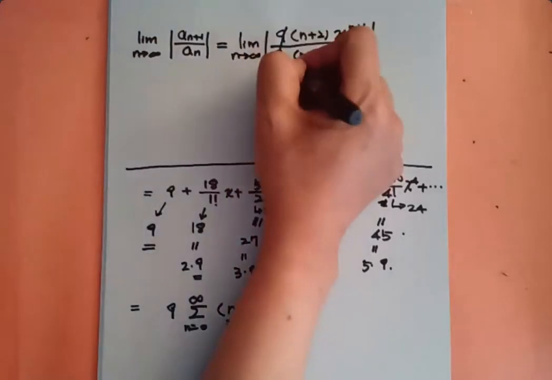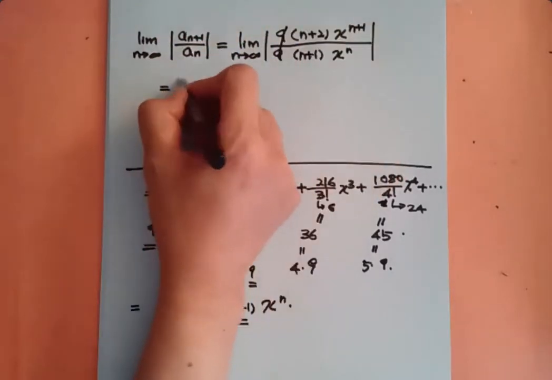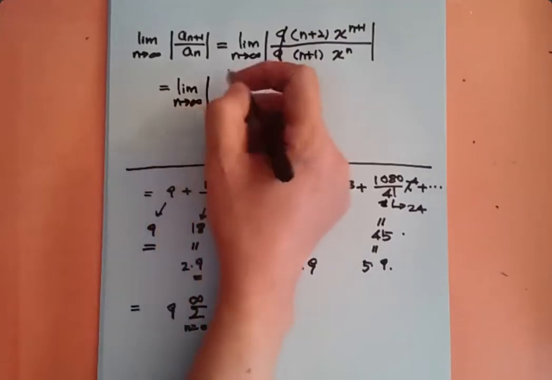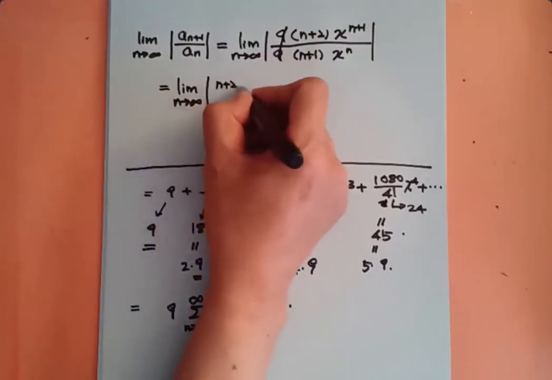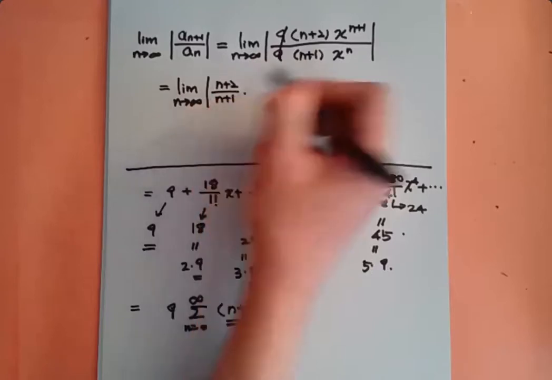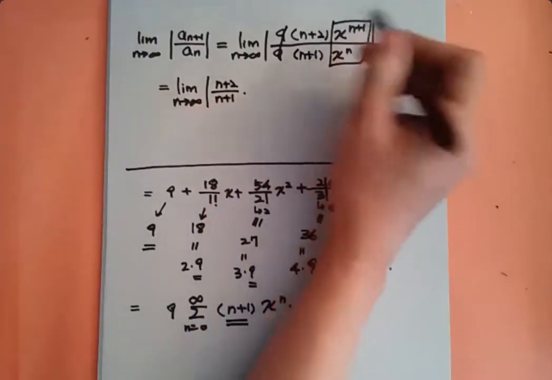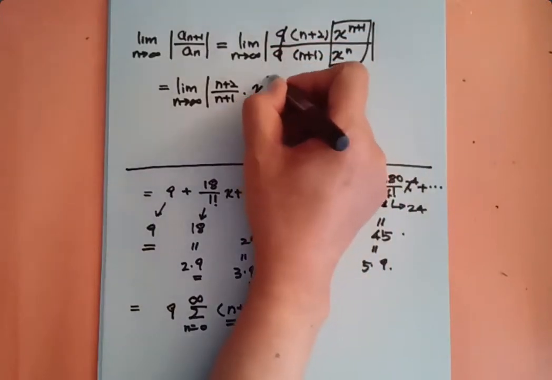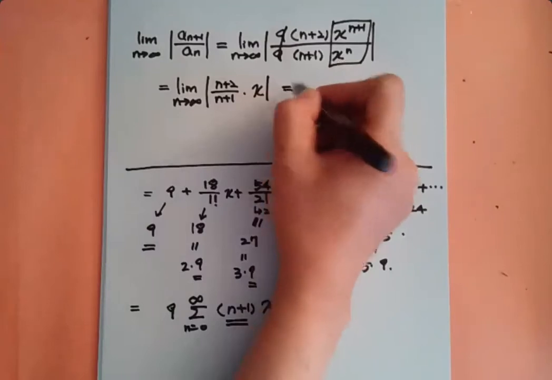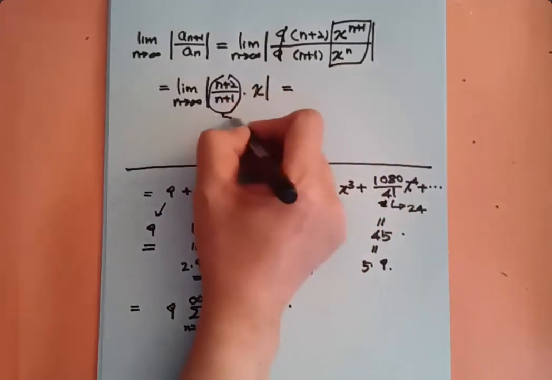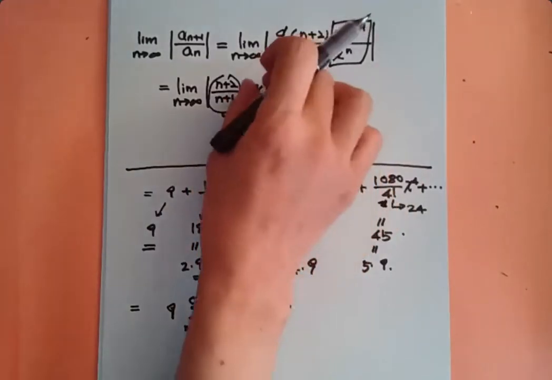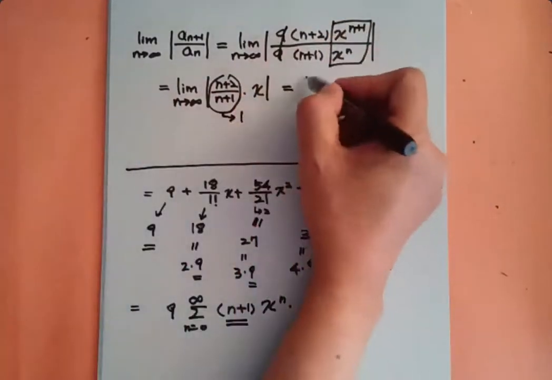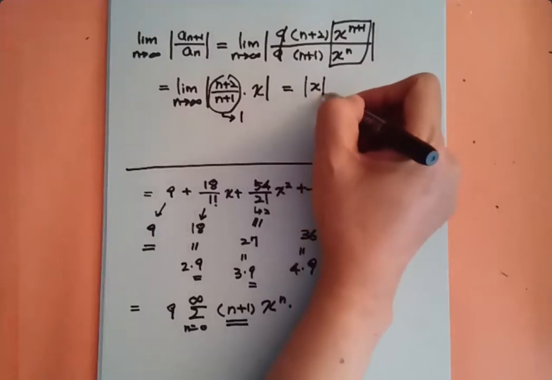So those two 9s will cancel each other. So we have (n + 2) over (n + 1) times x^(n+1) over x^n, which is x. This part will go to 1, and x is a fixed number. But when we think about the limit, it will be the absolute value of x.